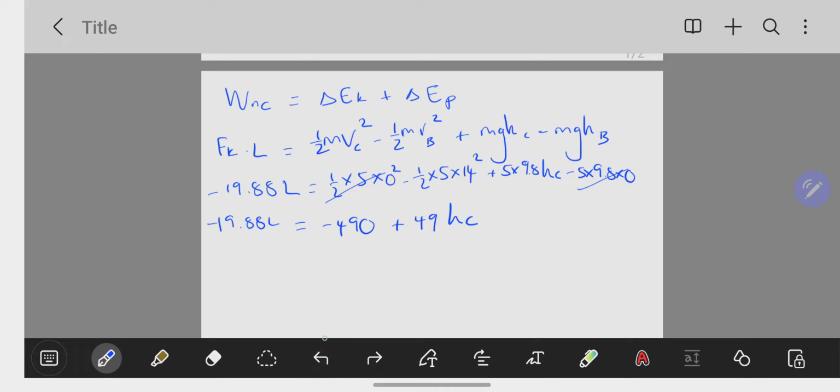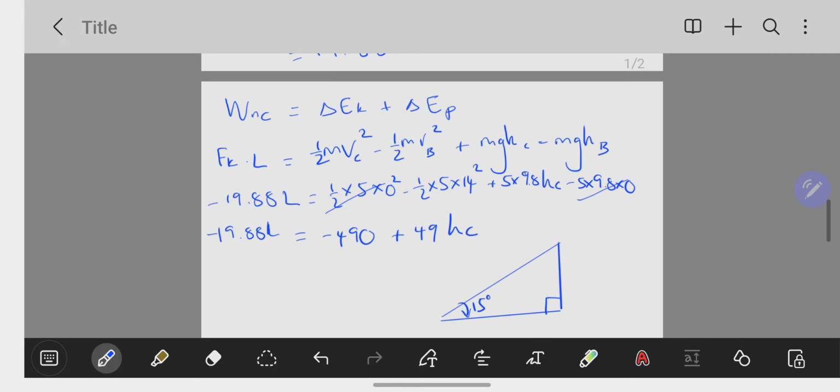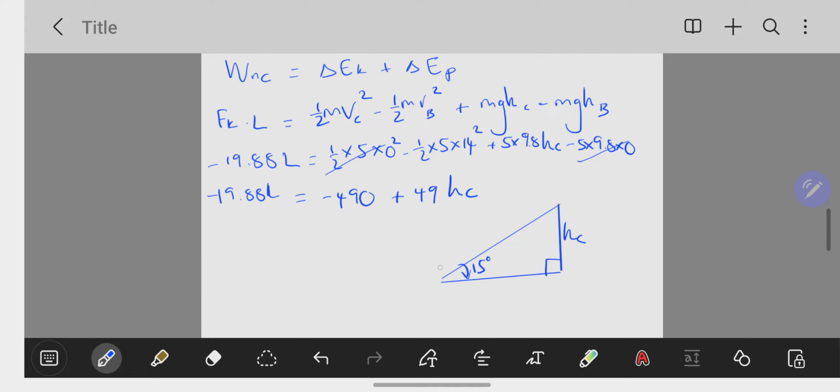Now, is it possible to write L in terms of H, or to write H in terms of L? Yes, it's possible, because remember, we're going up a slope. And this is our theta, 15 degrees. And the height at C, which is unknown, that's the H at C right there.